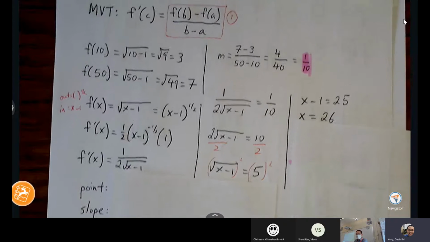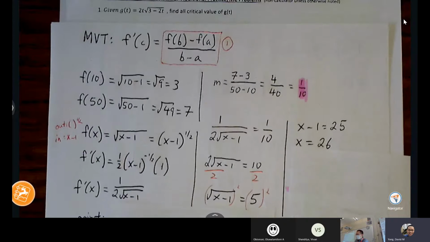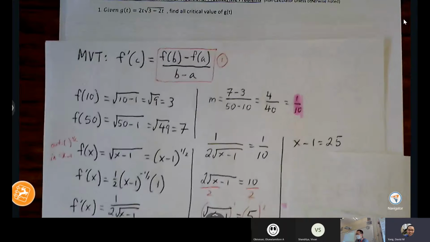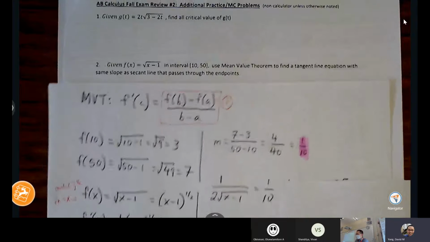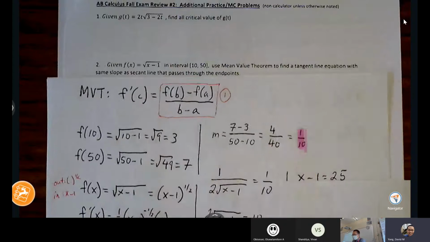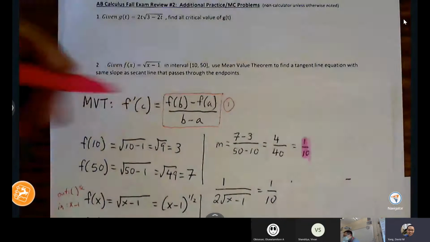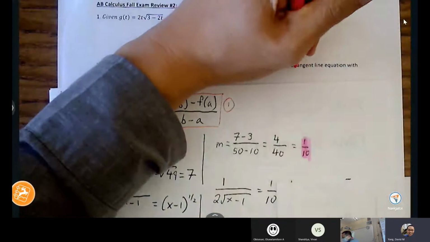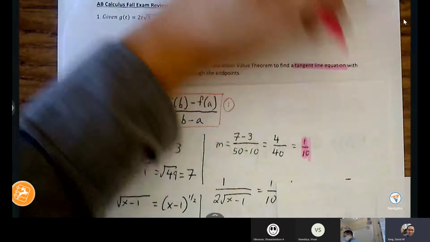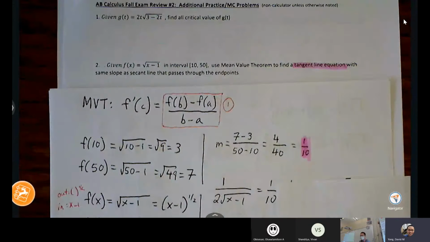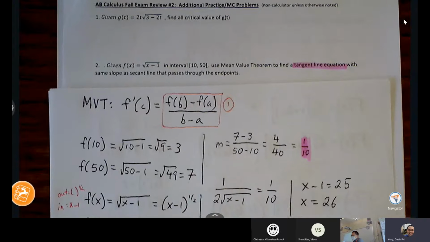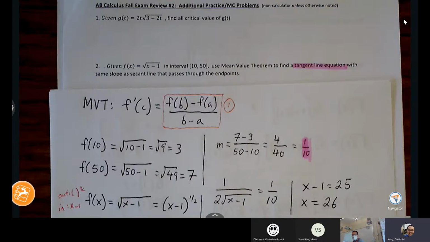So if I want to find the tangent line equation, the last missing piece that I need is the y value. All right, it says find the tangent line equation here. So how can I find the y value of the function? Okay, take 26 and do what with it?